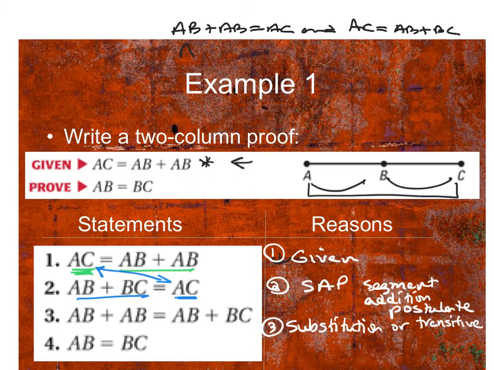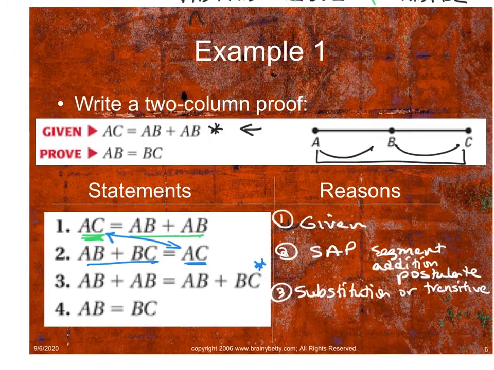Then I can see transitive a little bit better because the ACs cancel, and then that's how they're getting to this statement, which is here. But again, either reason would be acceptable.